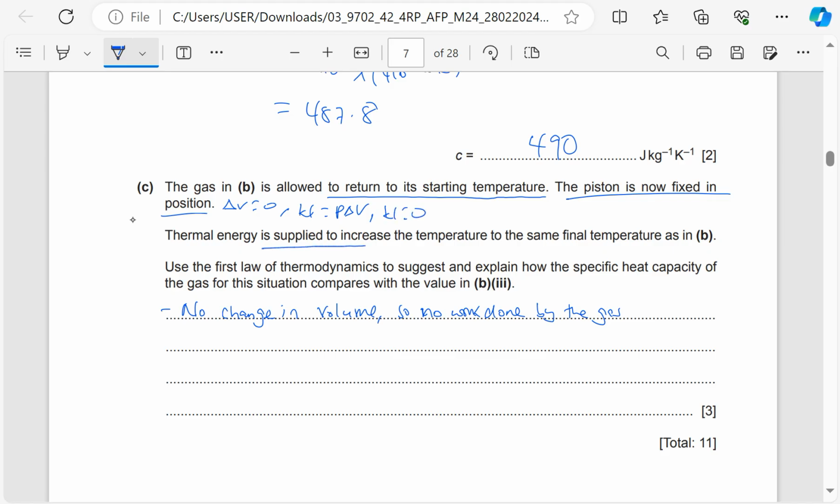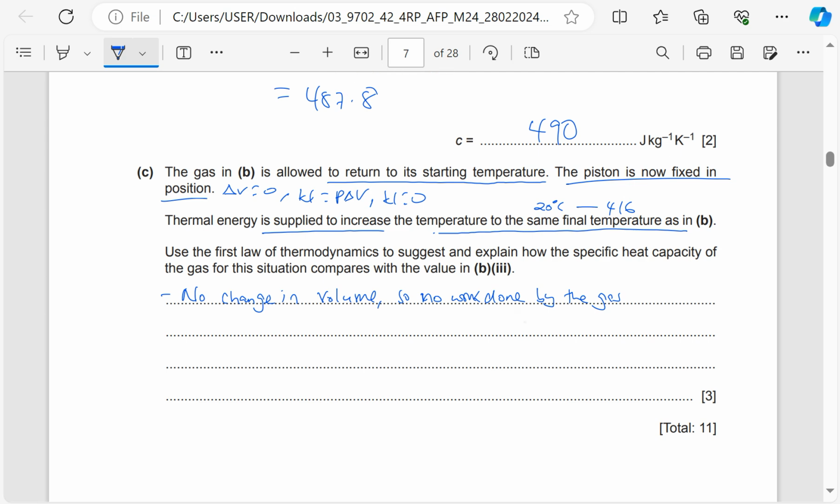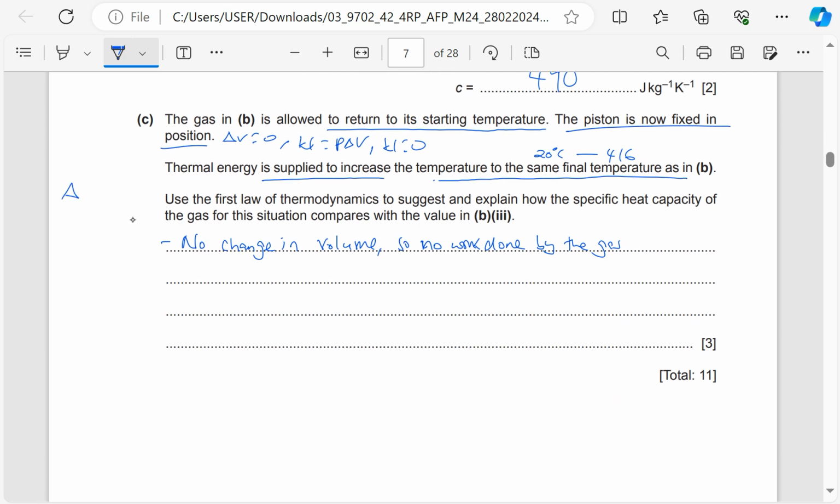Thermal energy is supplied to increase the temperature to the same final temperature. So it is again from 20 degrees Celsius to 416. That means it is the same temperature change. I want you to remember that change in temperature is directly proportional to change in internal energy.